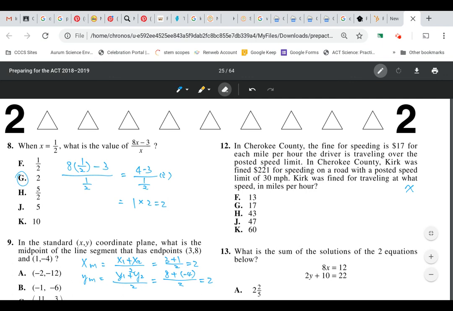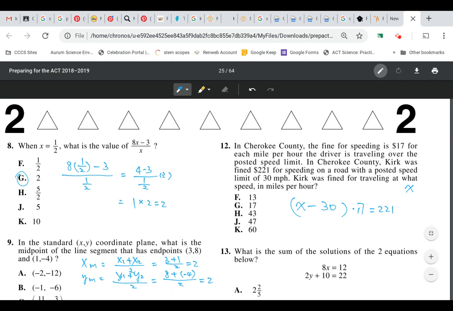So if he travels at x speed, but the speed limit is 30, you subtract 30 to get the number of miles he was speeding above 30. So that many miles times 17 is 221. Okay? So you can do the math like that.